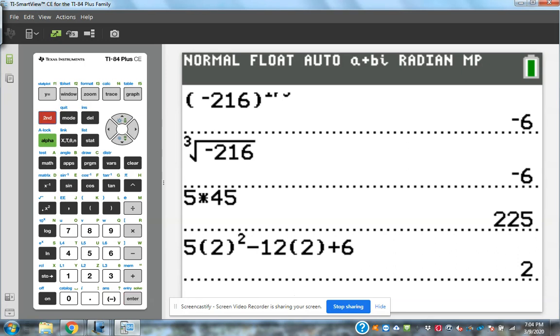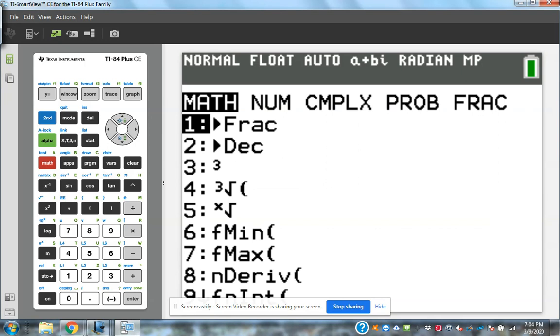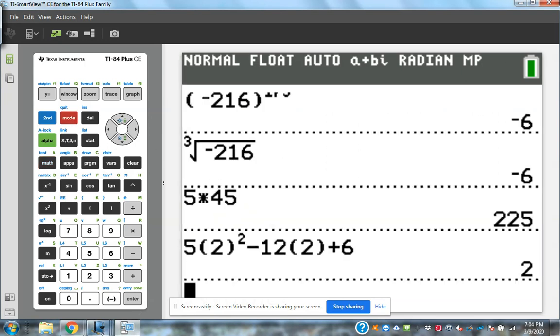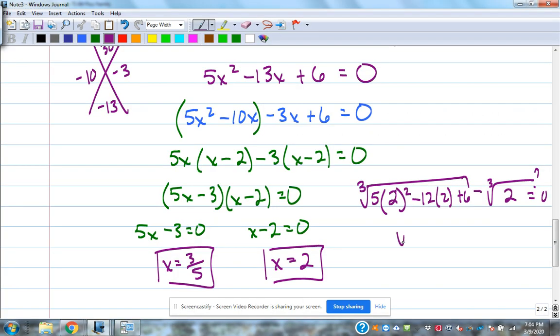And I'm going to take the cube root of that. Well, the beautiful part of that is, hey, that's the cube root of 2 minus the cube root of 2. Is that 0? Always, right? Doesn't matter what the decimal for cube root of 2 is. It's working. So this one checks. I'm going to keep it.